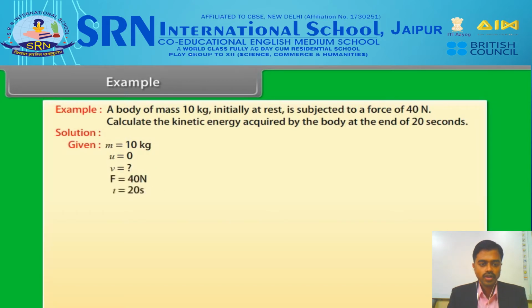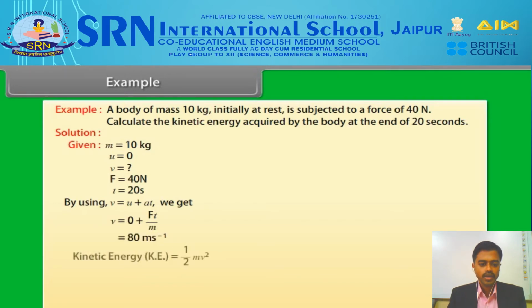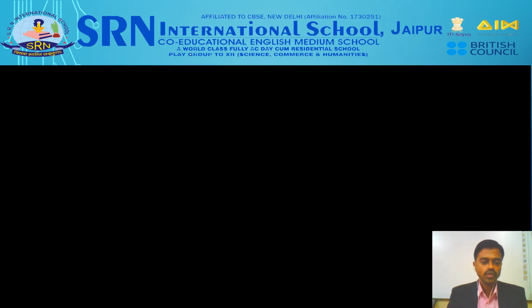We need to find velocity so that we can find the kinetic energy by half mv square. So v is equal to u plus at from the kinematic equation of motion. Applying the given values, we get v equal to 80 meter per second. Now half into 80 meter per second whole square into mass 10 gives you 32,000 joule of energy.